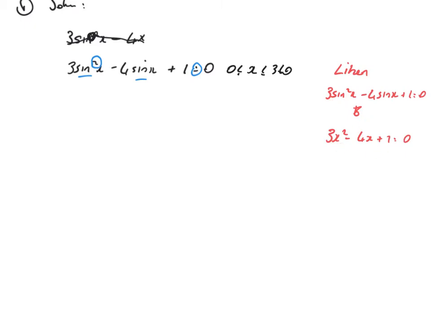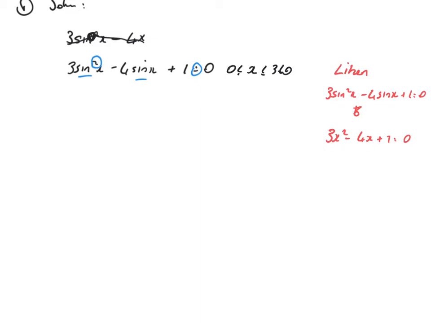You may have noticed at the very start when I scrubbed that out, it's because I was about to write 4x instead of sin x. So we're going to liken that to that. Really, what I've just done is replaced sin x with x, and sin squared x with x squared.